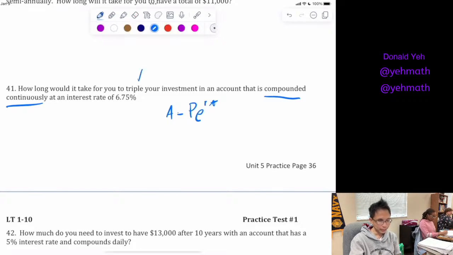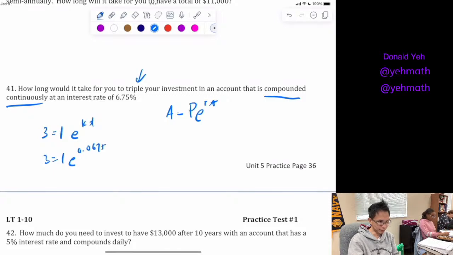Triple, it doesn't define what your original value is. As long as your A is going to be triple of P. So just say you start with $1, right? And the other side is going to be what? $3. E to the KT. And we already know K because that's a percentage, 0.0675 times T. Now we just have to solve for T. You know how to do that, right?